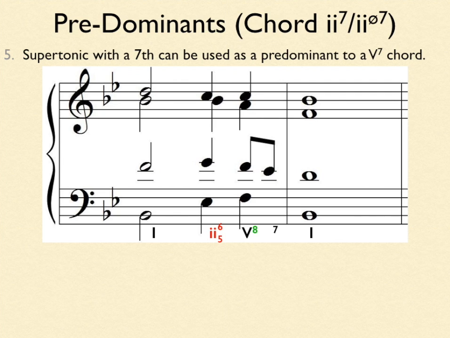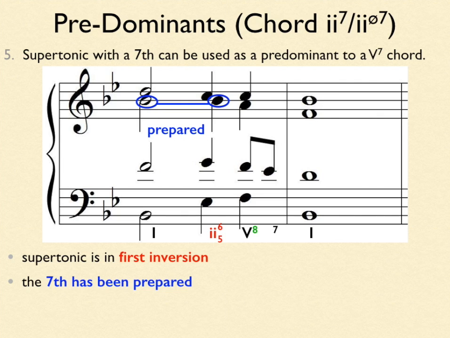So let's have a look to see how all the rules are applied in this example. First of all, the supertonic chord is in first inversion. So it's good to have it as a first inversion 7th chord. The 7th has been prepared in the previous chord, on the same voice part I should say.